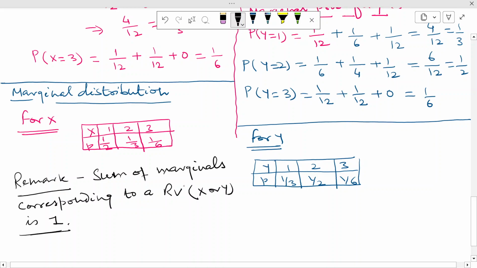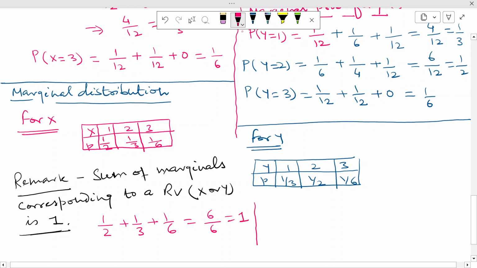Whenever you have calculated the marginals, you can check their correctness by adding them. For example, adding the marginal probabilities for x, we have 1 by 2 plus 1 by 3 plus 1 by 6. Sorry, this is 1 by 6. So this comes out as 6 upon 6, which is 1.